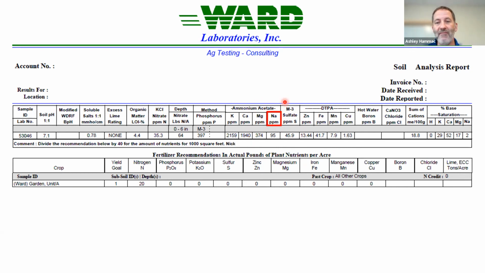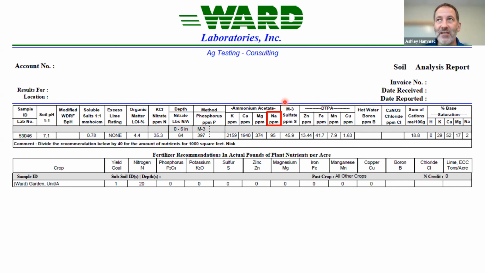Now, you can have a salinity and a sodicity problem, you can have only a salinity problem, and you can have only a sodicity problem. So salinity is more of an issue for plant health in terms of plant physiology. What's the salt doing to the roots? Sodicity is more of a soil structure problem.